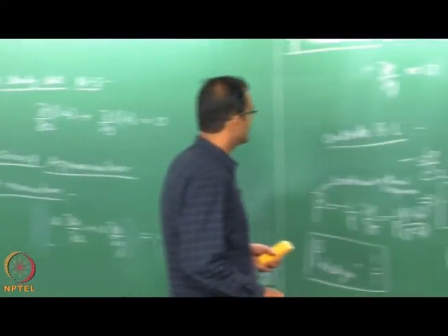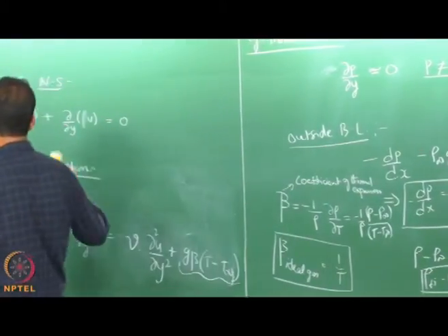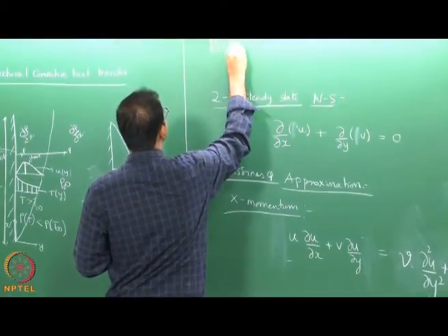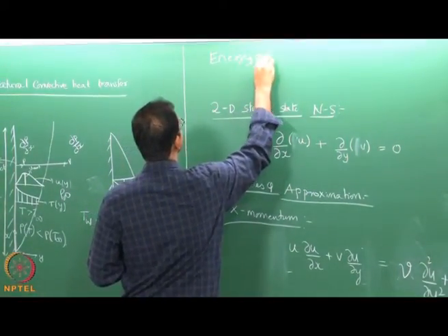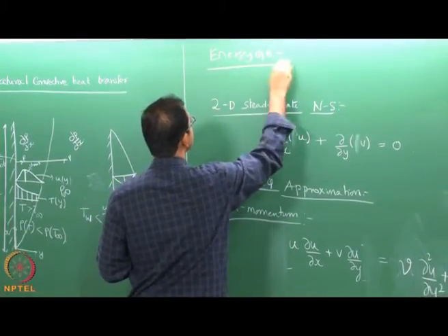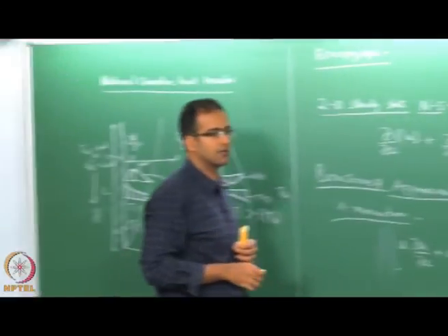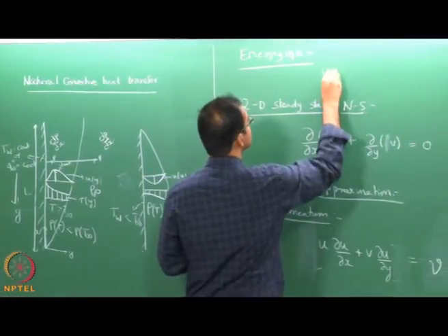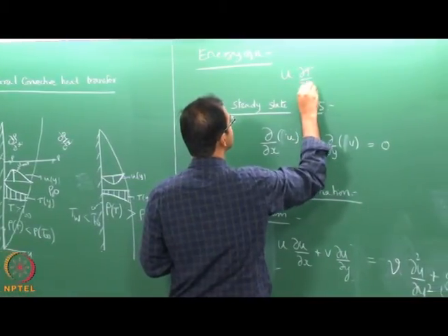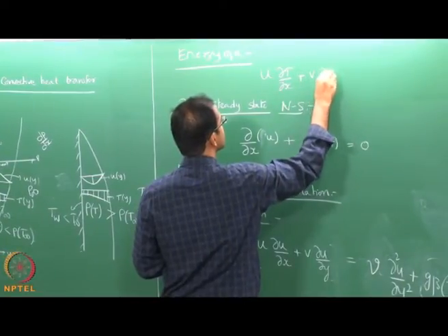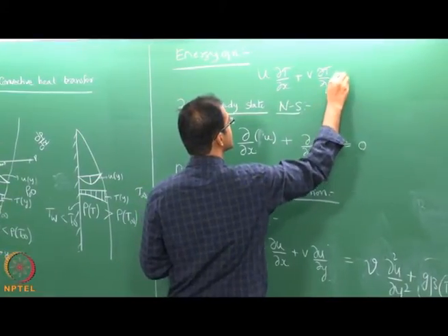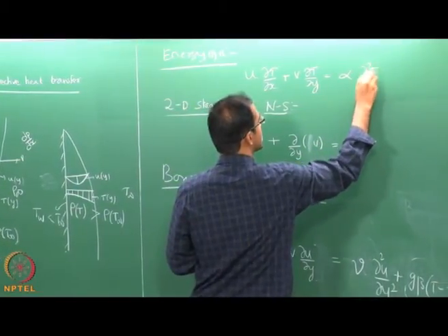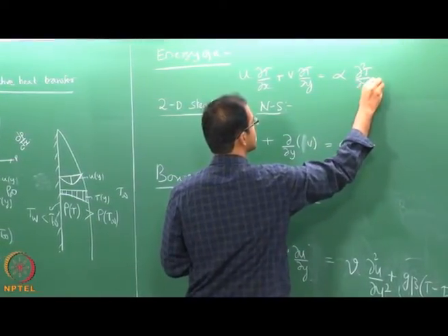Now you can write down the energy equation also. How does the energy equation look? It will be no different from your external forced convective boundary layer equation: u dT by dx plus v dT by dy is equal to alpha into d square T by dy square.